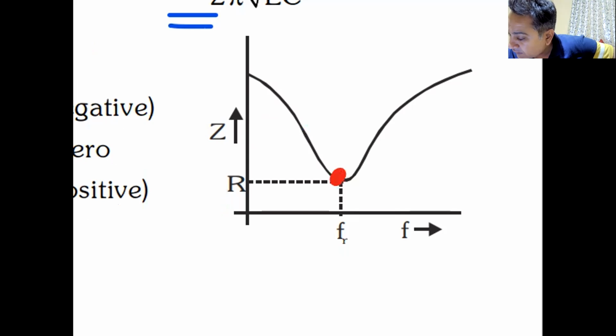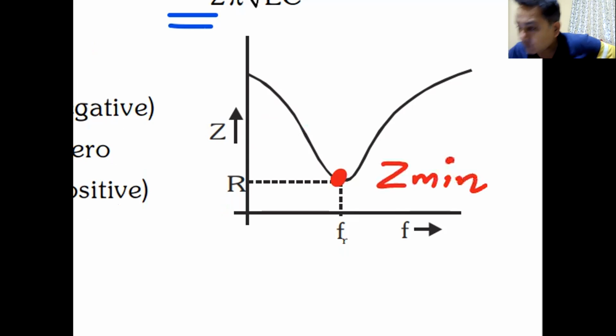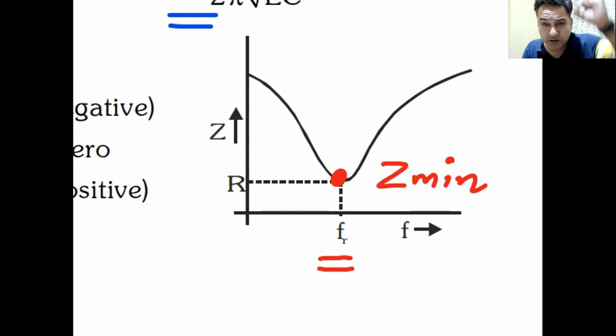The red point is where the impedance is minimum and the value is R, and this happens at resonant frequency. I hope all of you understand this. This is the condition of resonance. Impedance is equal to R.